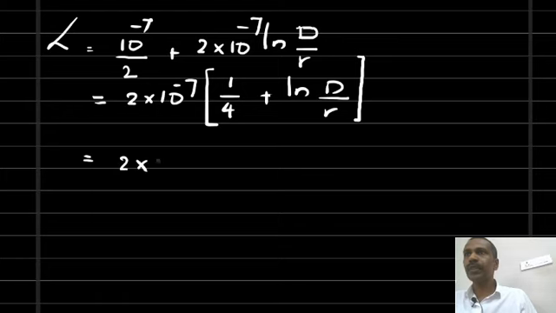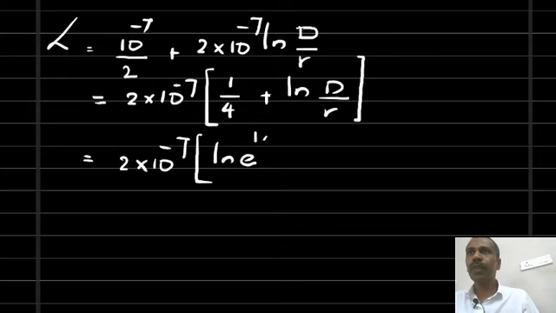So this can be written as 2 into 10 raised to minus 7. 1 by 4 can be written as natural logarithm e raised to 1 by 4, since the natural logarithm and e cancel. So we have natural logarithm e raised to 1 by 4 plus natural logarithm d by r.